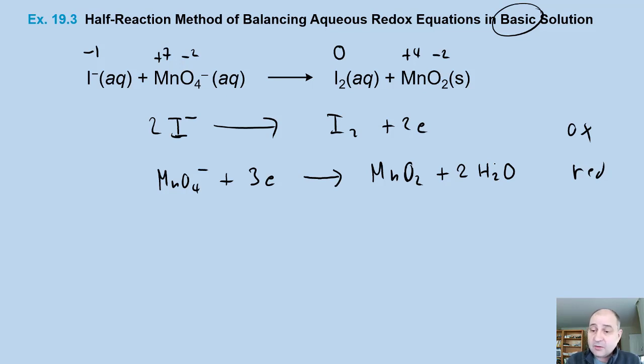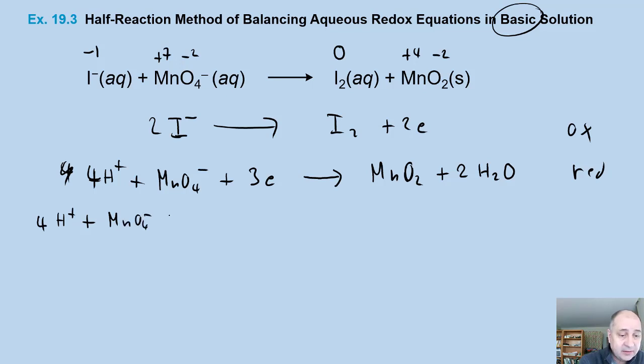Then we have 4 hydrogen atoms, and so I add them in the form of 4 H+ on the left. Okay, so if I pull it together, let's do that real quick here. I have 4 H+ and MnO4 minus, and 2 iodide, and 3 electrons.